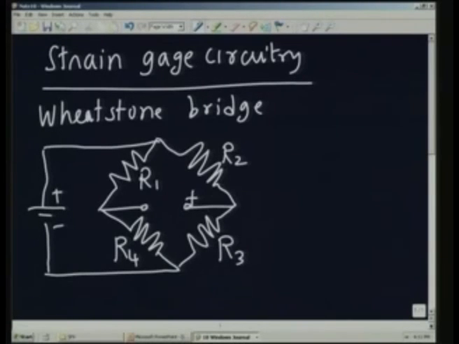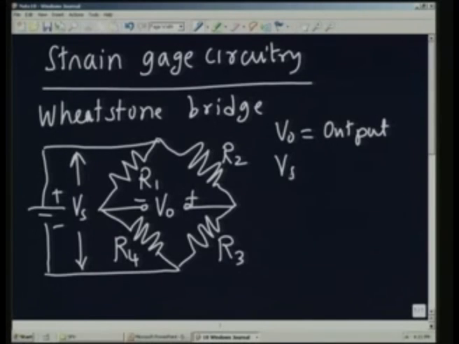This is positive, this is negative. We will call this voltage Vs, the supply voltage, and Vo is the output. I am talking only about DC volts, that is why I have shown a battery here, or it could be a supply of DC voltage.